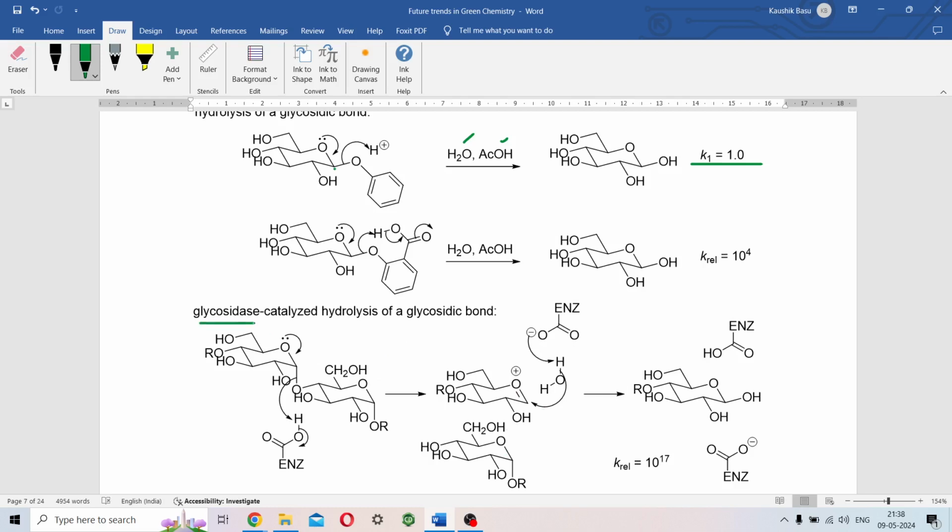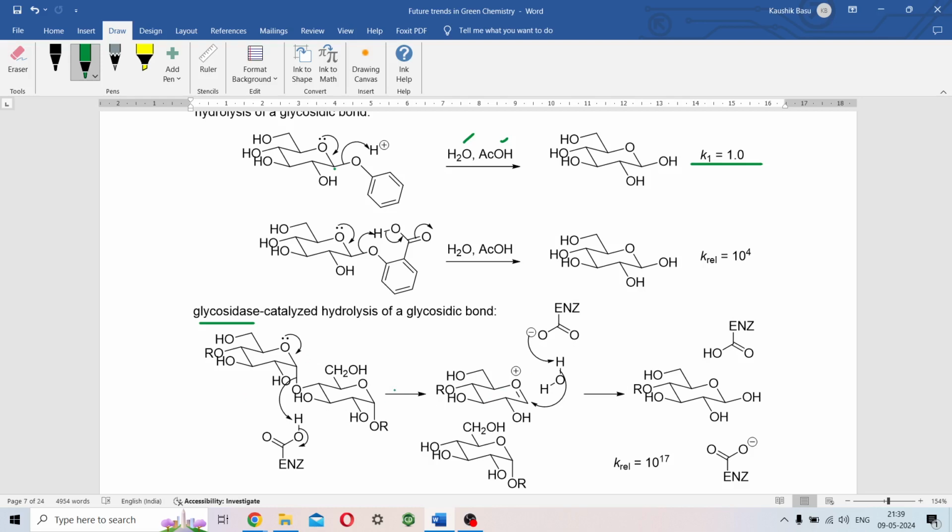The name is so because it cleaves the glycoside bond. That's the beauty of the enzyme's name. You can name those enzymes according to the reactions that they perform, and everybody who is familiar with this nomenclature will immediately understand that, okay, he's talking about a glycosidase, so it must be something which is responsible for the cleaving of the glycoside linkage.